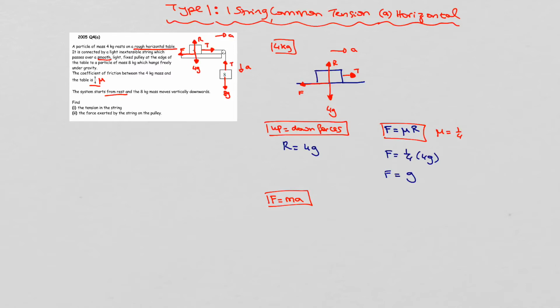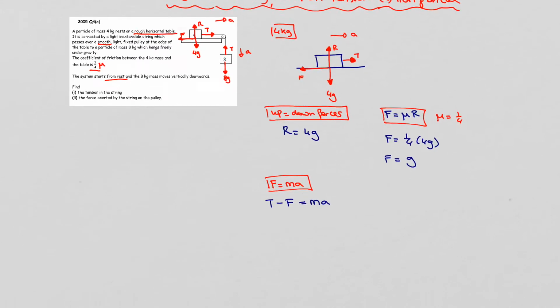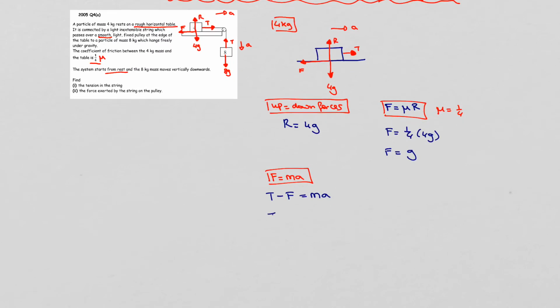The leading force is going to be the tension. The opposing force is the friction. So the net force must equal mass times acceleration. And of course, F we know already is g. M is the mass, which is 4, and a is the acceleration. So therefore we can say the tension is equal to 4a plus g.